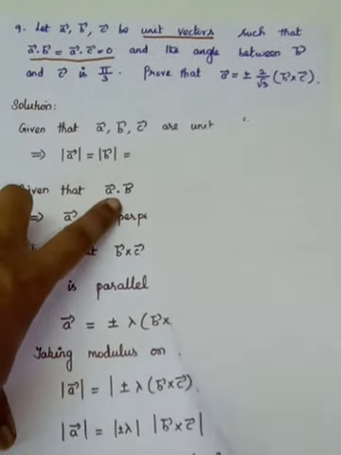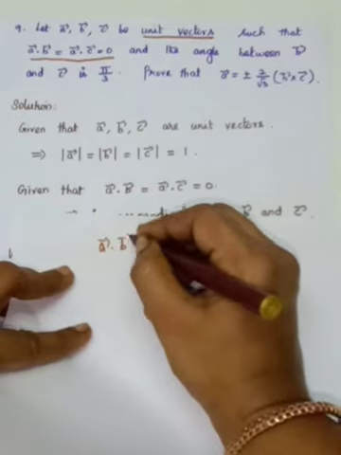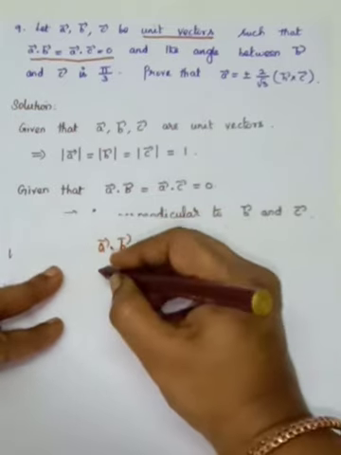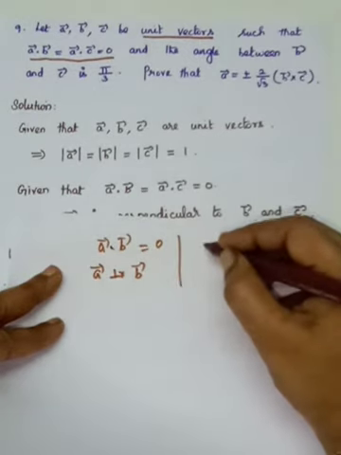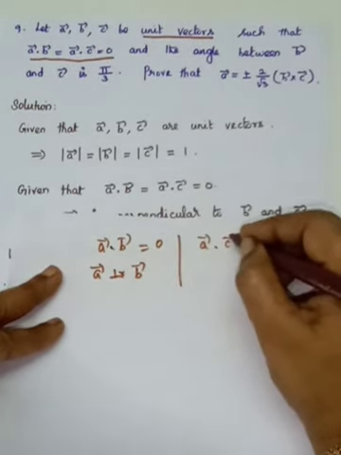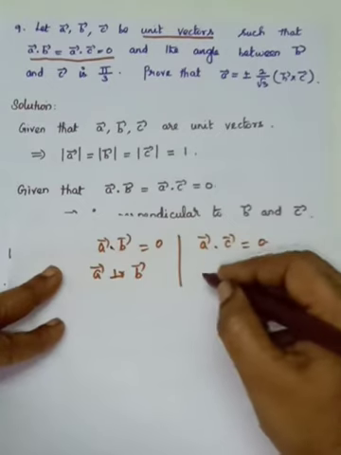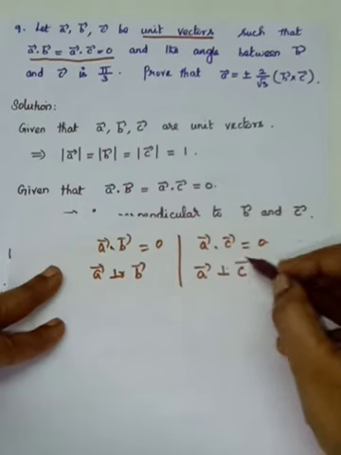What does a dot b equal to 0 mean? The dot product of two vectors being 0 means this a vector is perpendicular to b vector. And one more result is also given: a vector dot c vector is equal to 0. So the dot product between these two vectors is 0, which means your a vector is perpendicular to c vector.